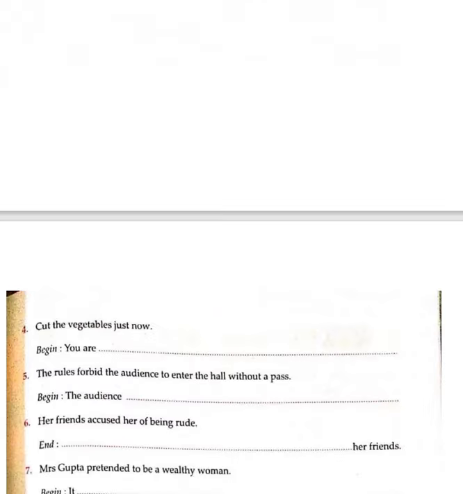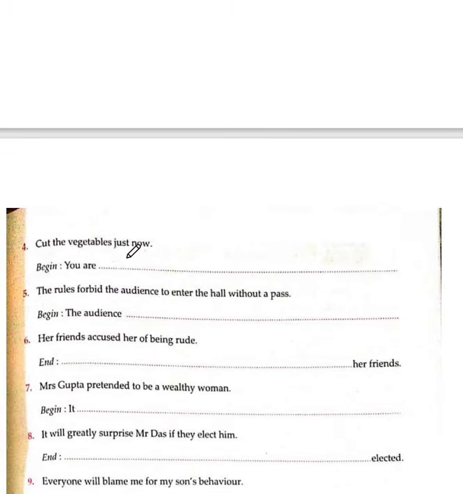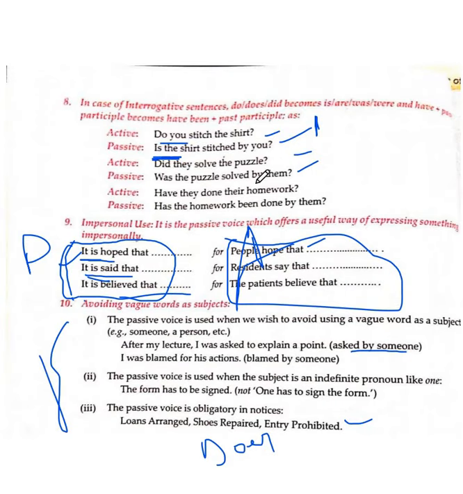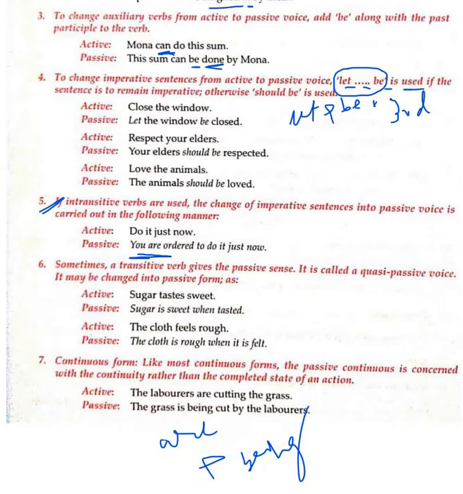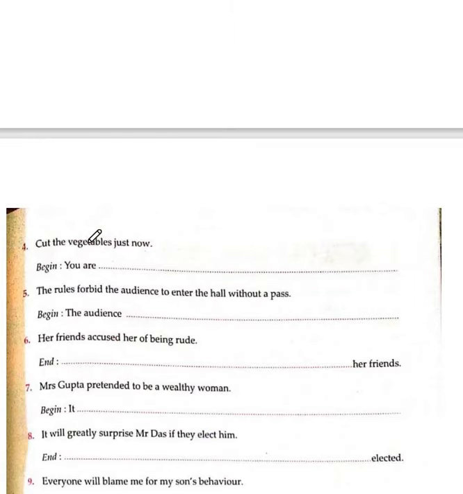Then question number 4: Cut the vegetables just now. Here again we shall apply the rules which we have learned today. You are ordered to cut the vegetables just now.